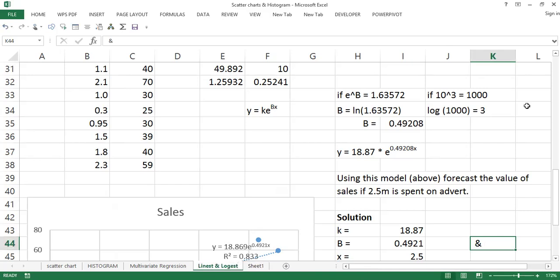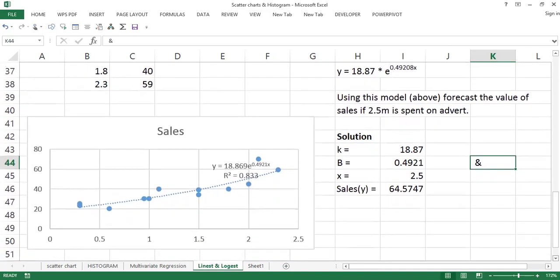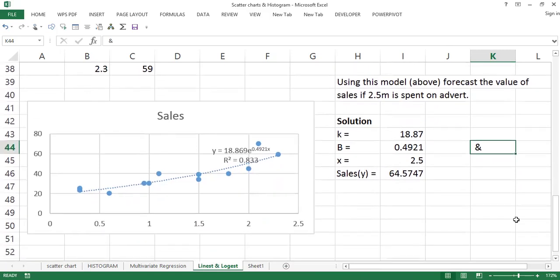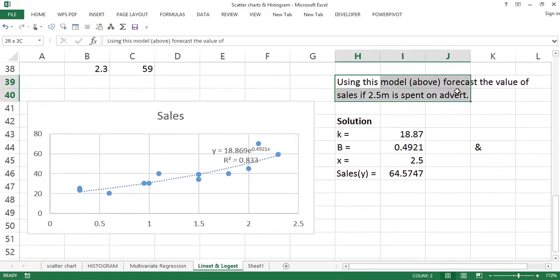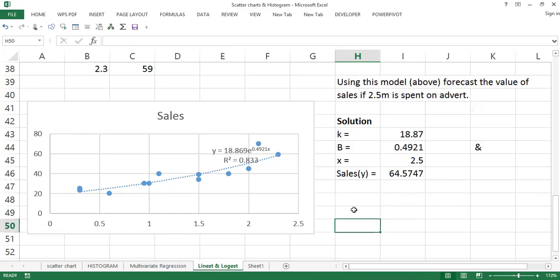Okay, so now the assignment I want to give you here is this. Using this same model, we are using the same model now.